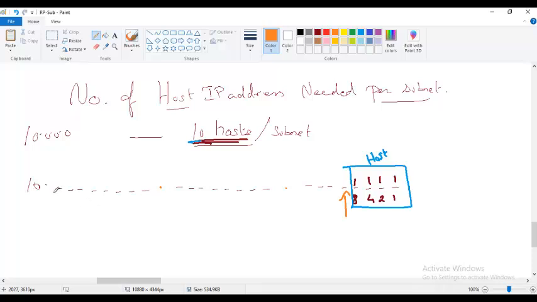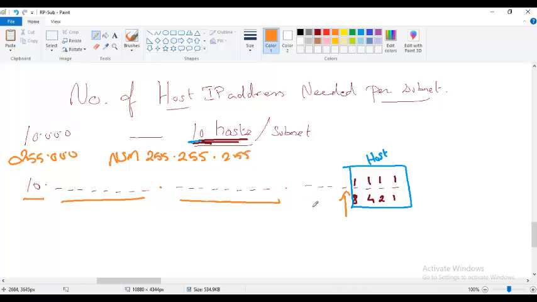See, the default mask is 255.0.0.0, but now the new subnet mask will be this 255 that is already there, the default, and another 8 bits, so another 255, another 8 bits, so another 255, and this 4 bits, which is 240. You understand now the new subnet mask?